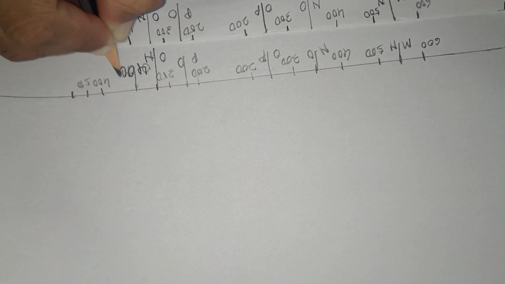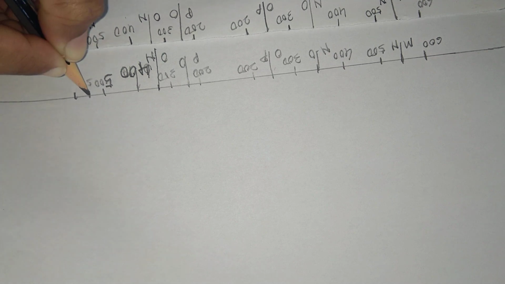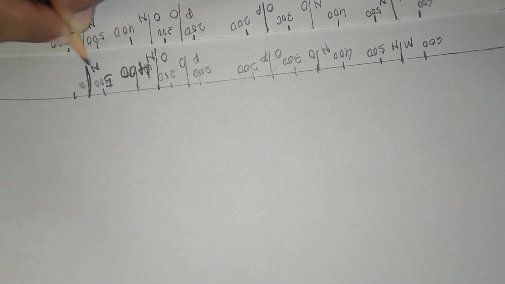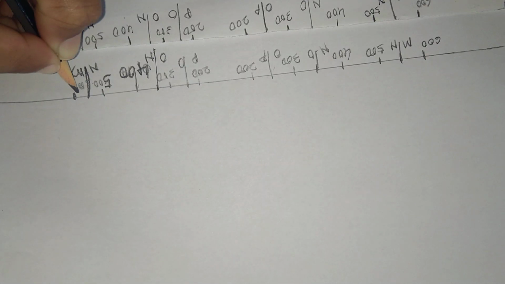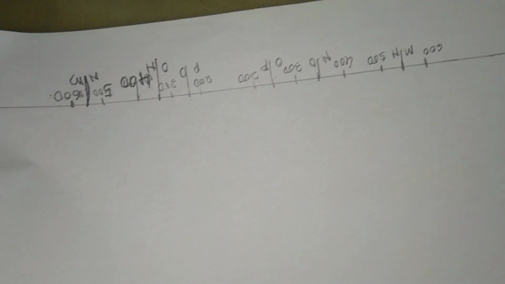This is 400. Then this is 500. Then this is a bed NM, and this is the last contour, that is 600. So I have plotted all the points here.